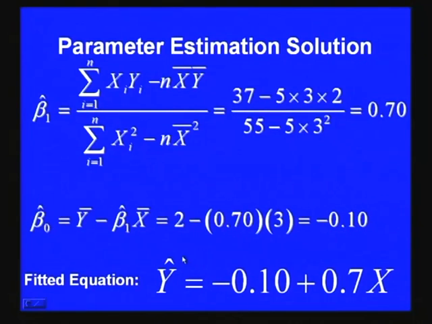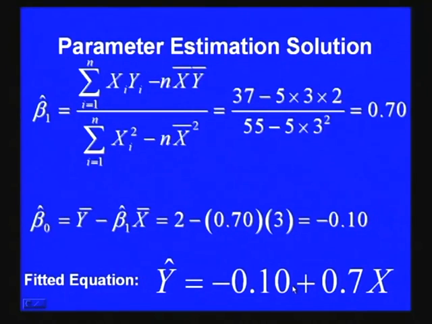So, the fitted equation is y hat equal to minus 0.1 plus 0.7 into x. This is the fitted equation for the given observations.